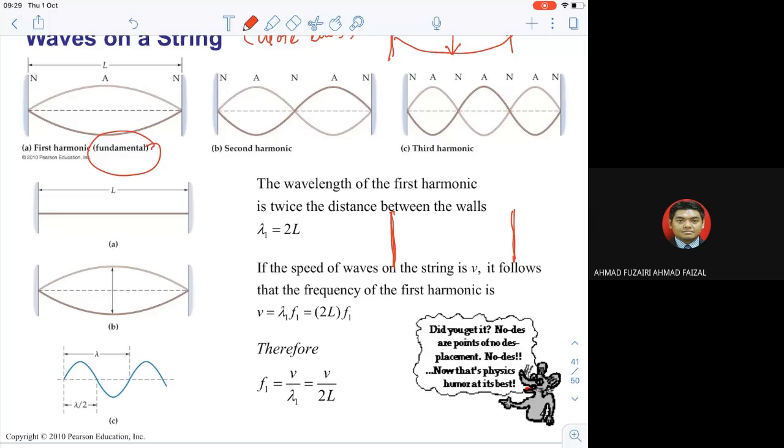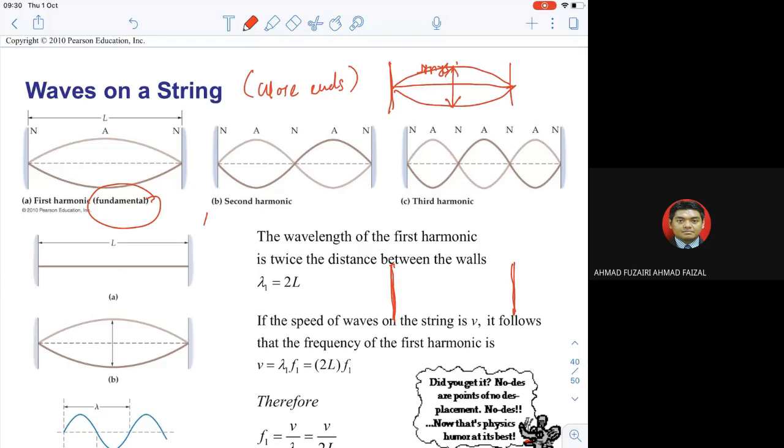When you tie the string to the closed end, every time the string meets the closed end, it will produce a node point. Here A is the antinode, while N is the node.